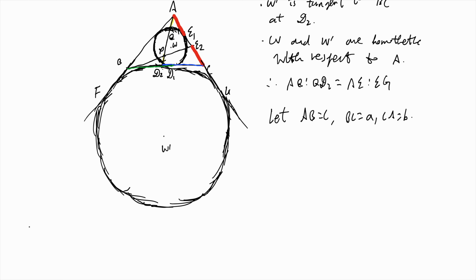So then we know that AQ to QD sub 2 is equal to, as I mentioned, AE sub 1 to E sub 1 G, because these two circles are homothetic with respect to A. That means we can use similar triangles to just prove it.